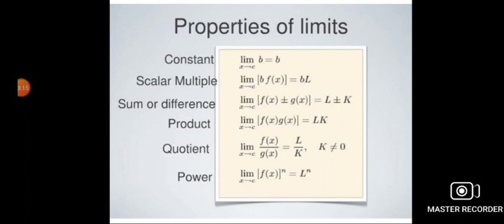The limit of the function f of x over g of x as x approaches c is equal to L over k, where k is not equal to 0. The limit of the function f of x raised to n as x approaches c is equal to L raised to n.